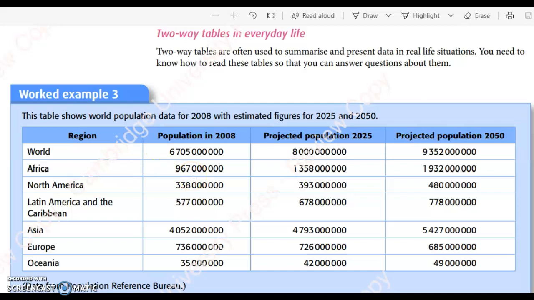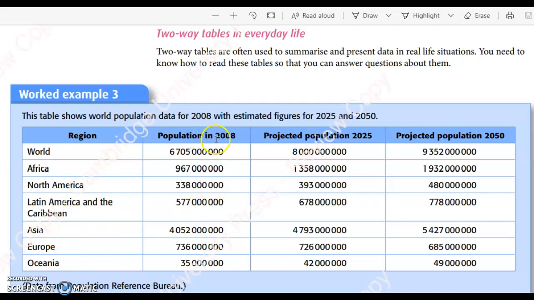So we can make a comparison from 2008 till 2050. This one is the region, the whole population in the world: Africa, North America, Latin America and the Caribbean, Asia, Europe and Oceania.